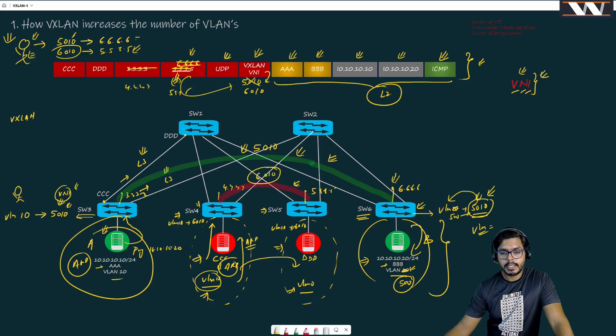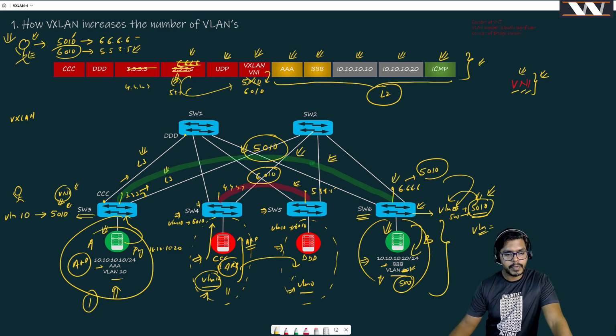When the message is decapsulated, it will be coming with the VXLAN ID, or VN ID, of 5010. 5010 is now mapped to VLAN 500, and the ARP message or the unicast message will come into this VLAN, as simple as that. So we can have the communication between VLAN 10 and VLAN 500 if the VNI is the same.